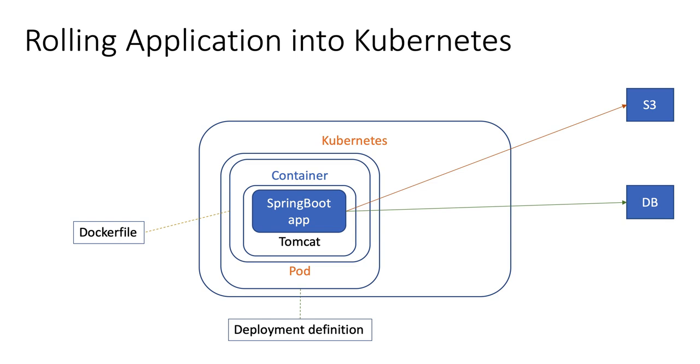Once the deployment definition is defined, we can run this deployment in Kubernetes, and your pod will come alive in Kubernetes. And with that pod being alive, you will have your container, which will invoke your Tomcat and Spring Boot setup. So you will have your application running in Kubernetes and ready to be serving, where the application will go out to S3 and the databases, assuming all those connectivities are all set.